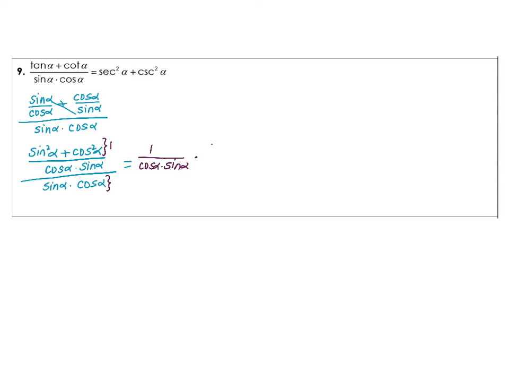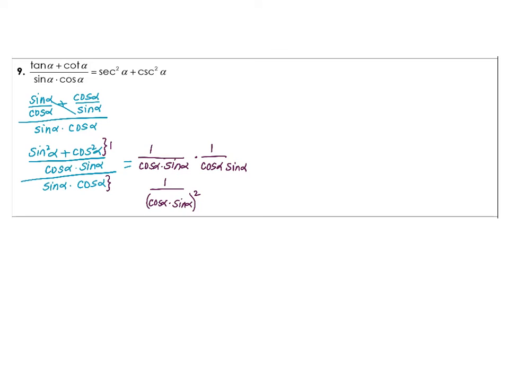So that's 1 over cosine alpha sine alpha. And so we're going to end up with 1 over, and that's going to be cosine alpha times sine alpha all squared.